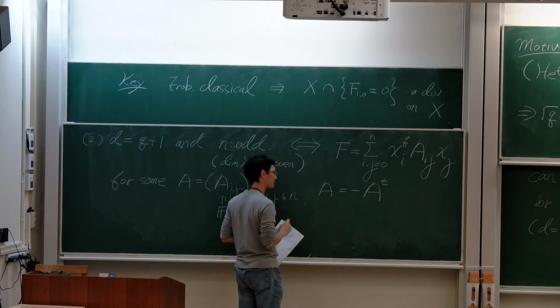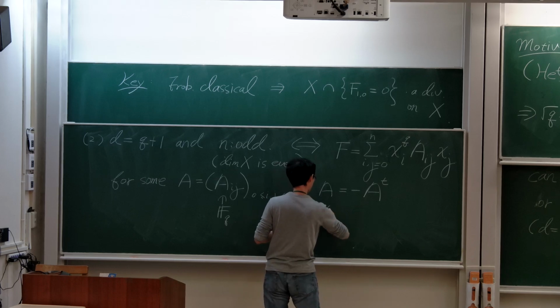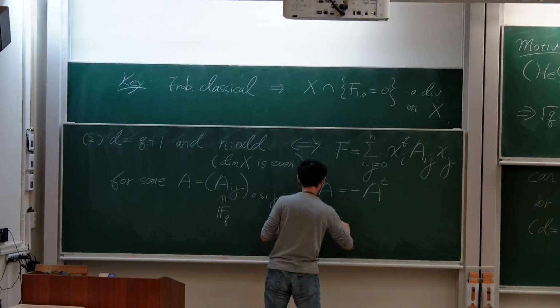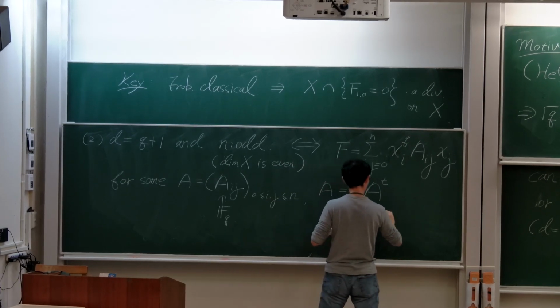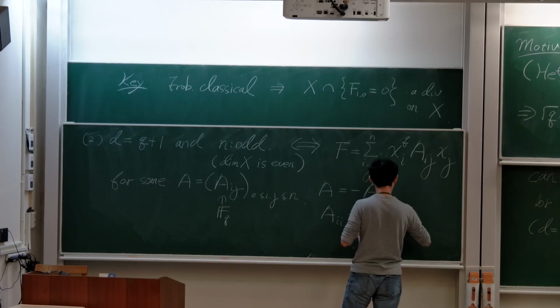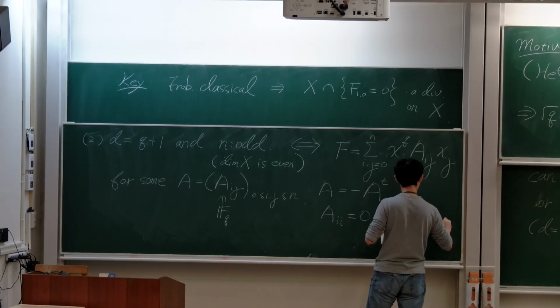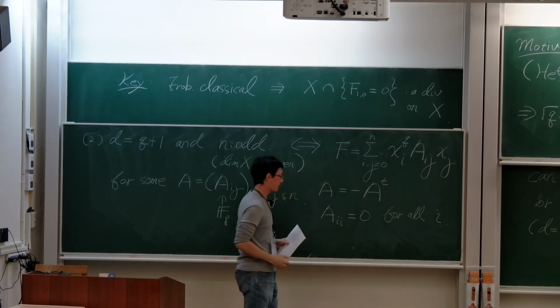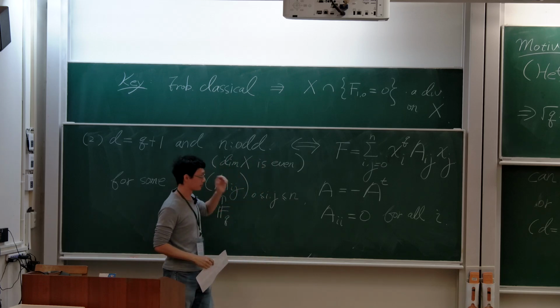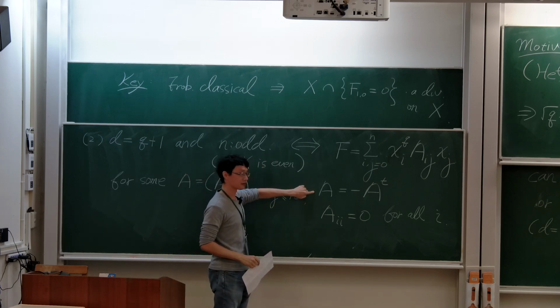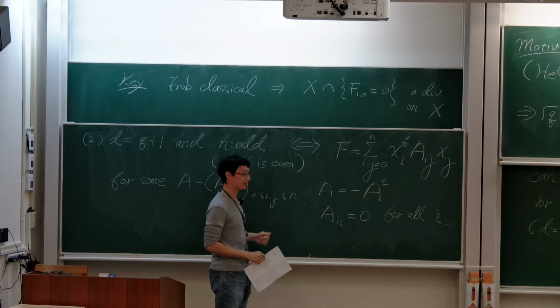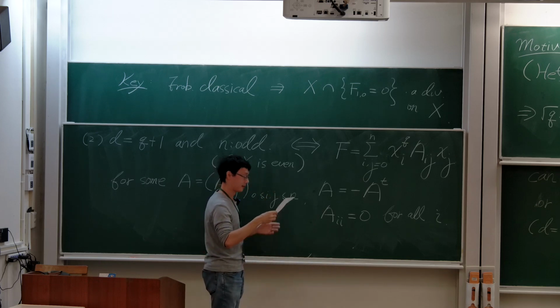So antisymmetric in the usual sense, and we also need to require the diagonals are all 0. Because in characteristic 2, this condition is not enough to ensure that the diagonals all vanish, so we need to add this condition in characteristic 2.